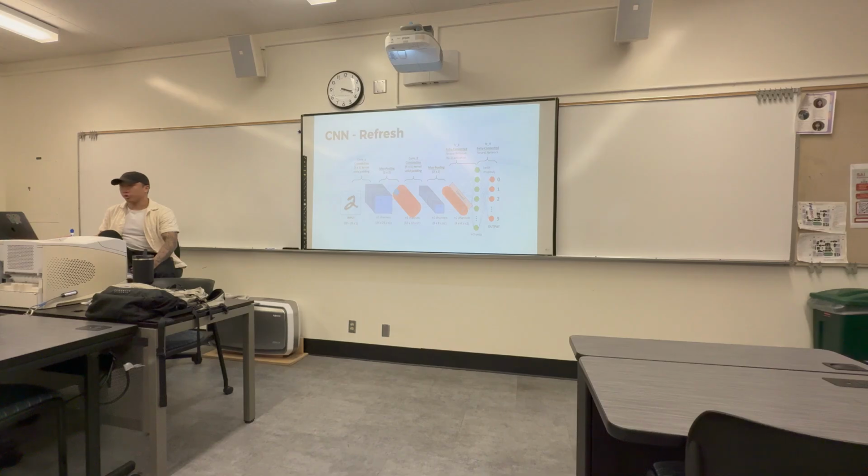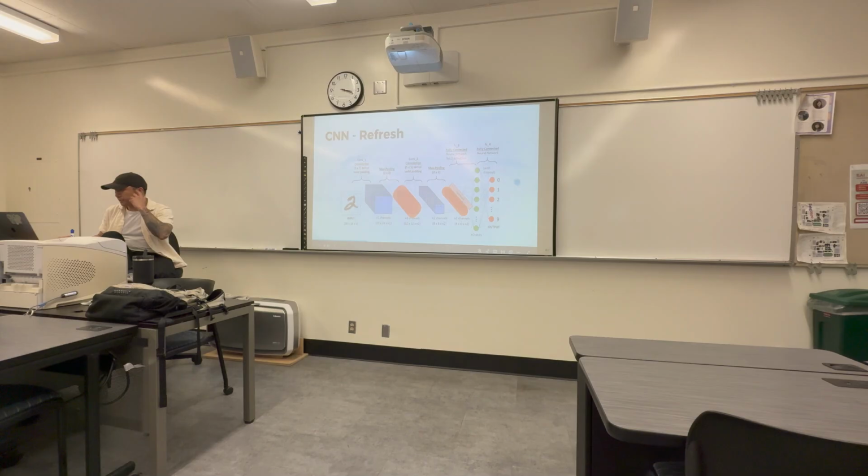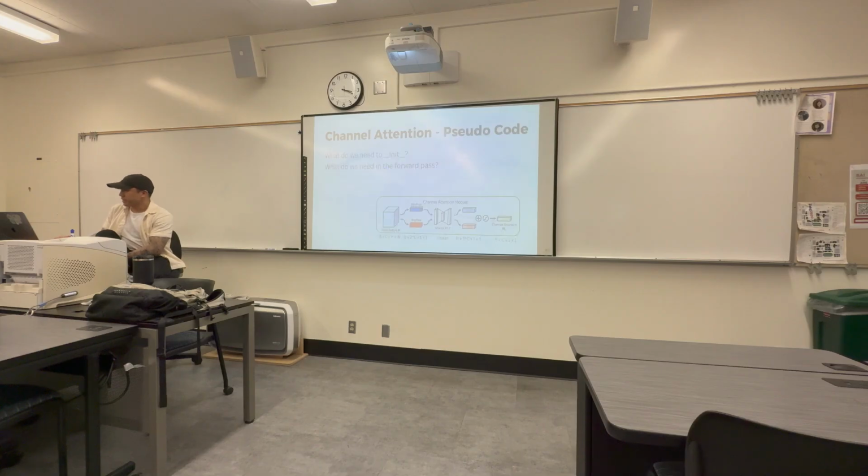So the inputs are whatever happens after a convolutional layer. You can also put your attention block here and then do a max pooling afterwards. It doesn't matter, you can play with the architecture and try out different things. But let's get to spatial attention.